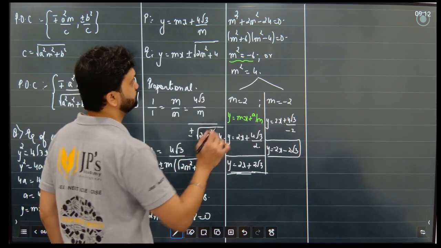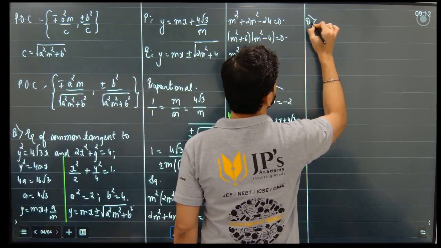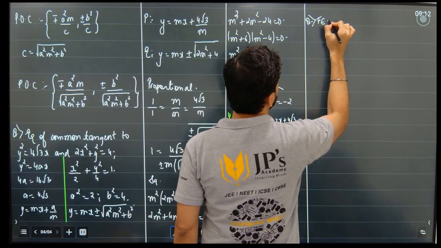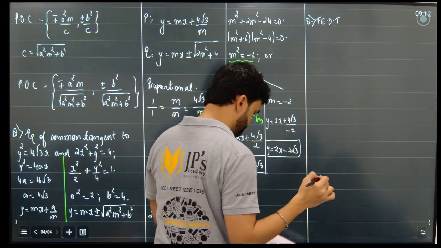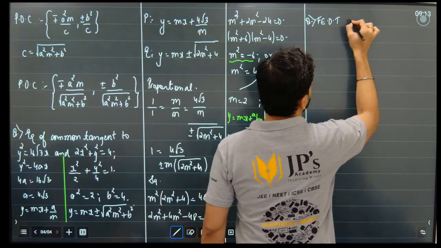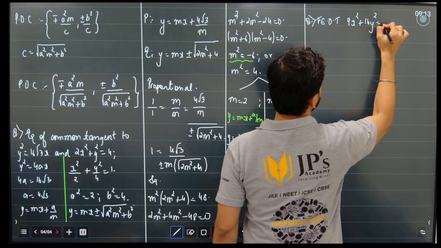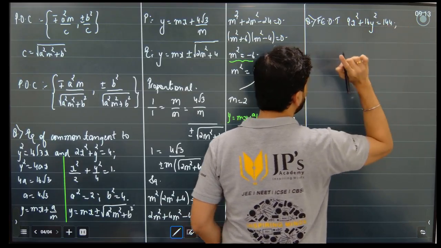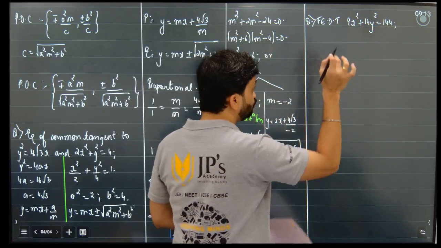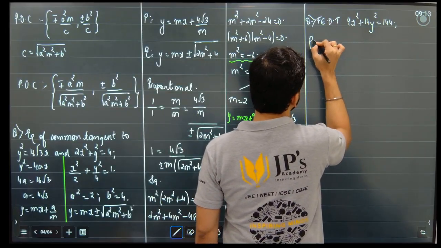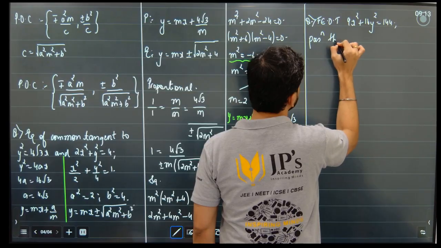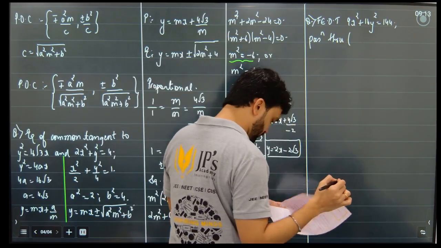Okay. Now, since we are doing tangent sums, find equation of tangent to 9x square plus 16y square is equal to 144. Now listen to the word through, passing through 2, 3.